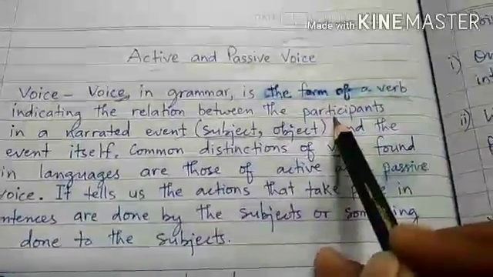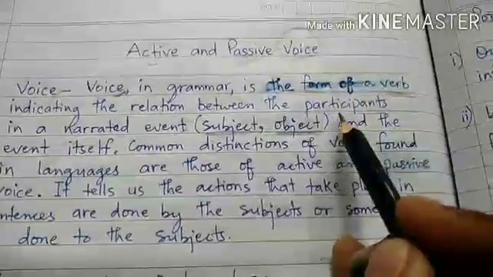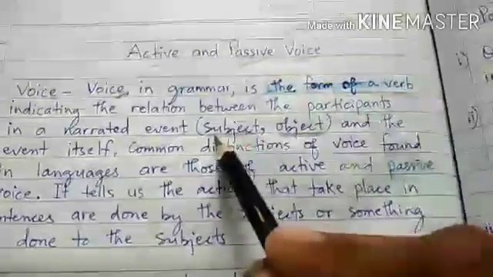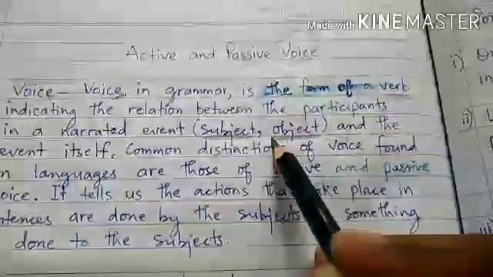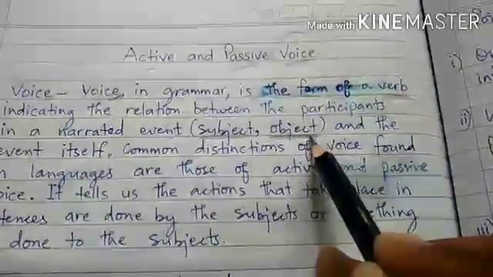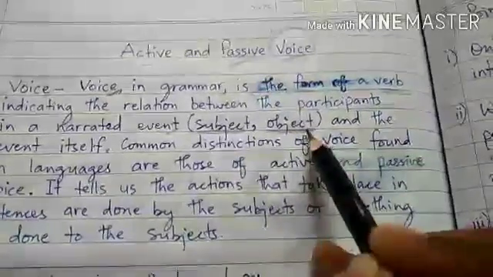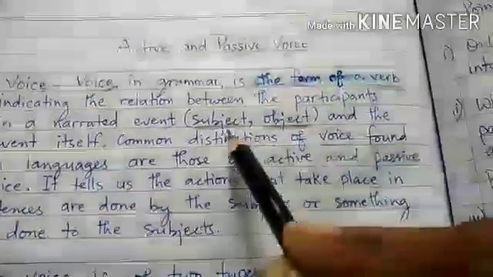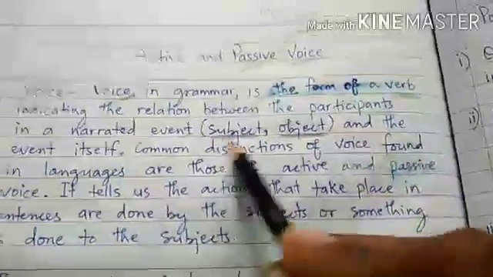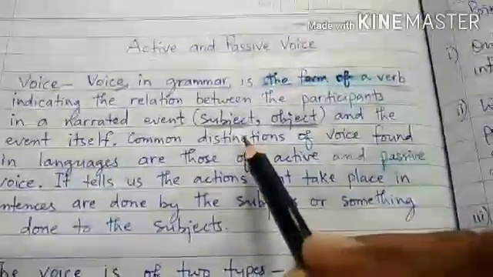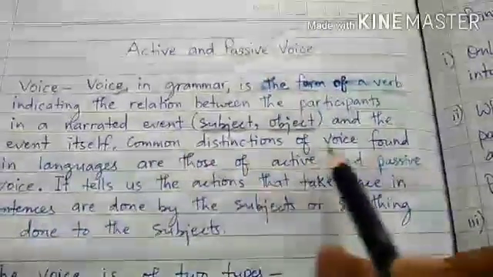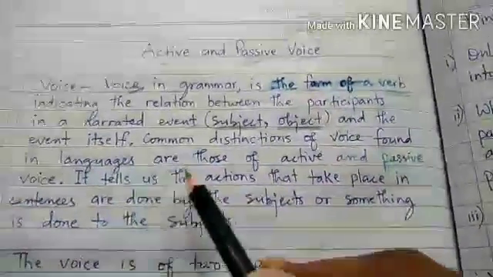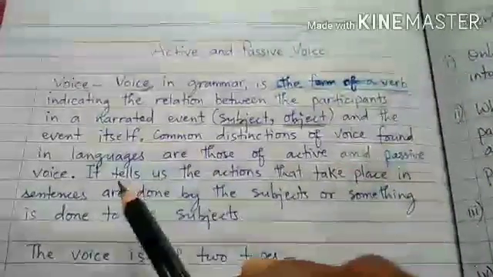Participants, there are always two participants of the actions. One is the subject that does the action and another is the object, though the object does not perform actions but it receives the action performed by the subject. Okay, so common distinctions of voice found in languages are those of active and passive voice.